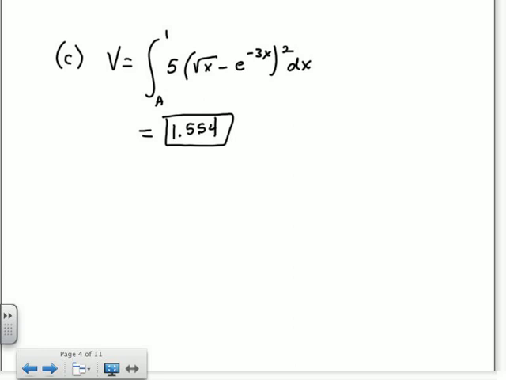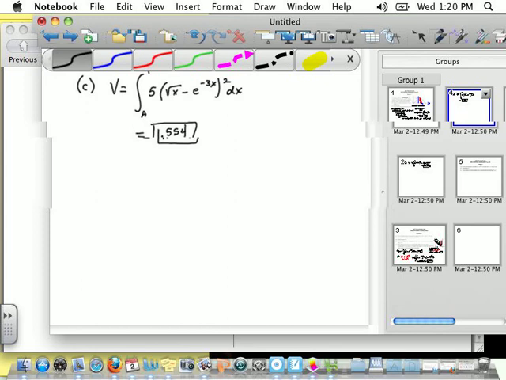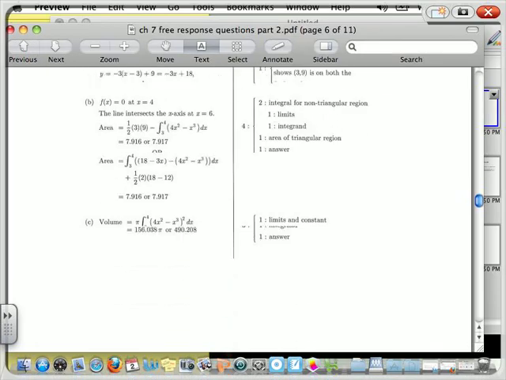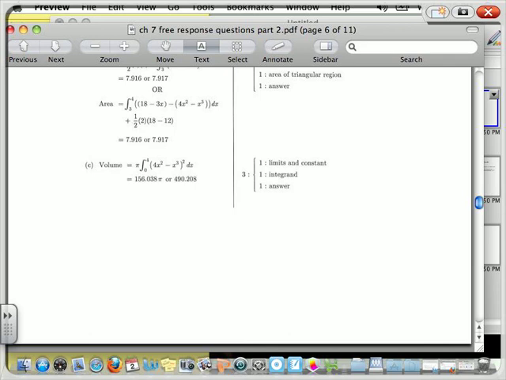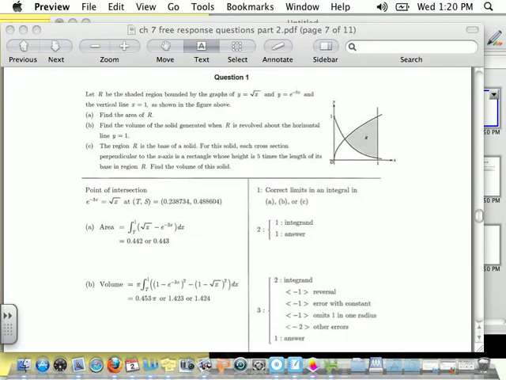Okay, so let's look at our different points and see if we got all of them. Part A, well, first of all, we get 1 point for having correct limits and integral in part A, B, or C. So if we had from T, they called it T, we called it A, so A to 1, 0.238734 to 1, then you got 1 point for that.